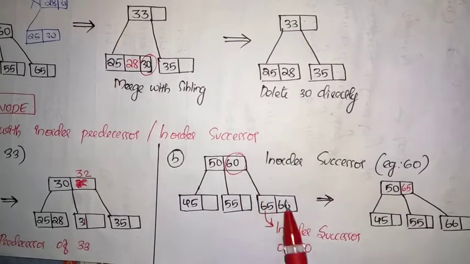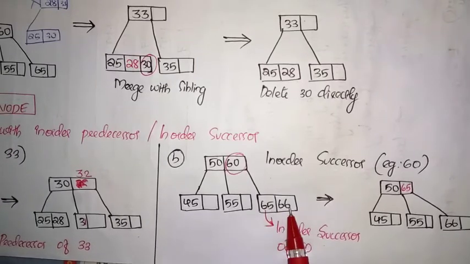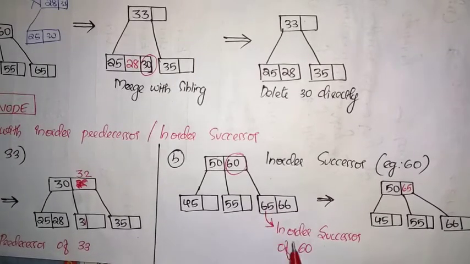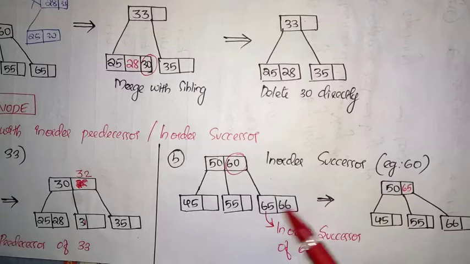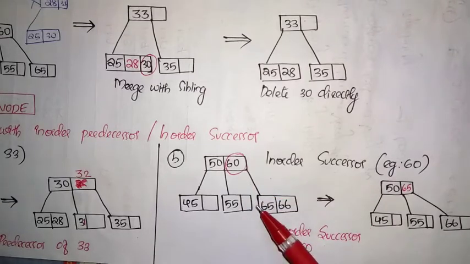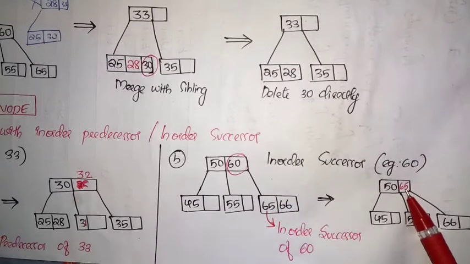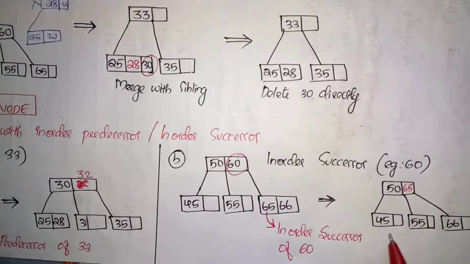So this is the right child of the 60, and the smallest element among 65 and 66 is 65. So this 65 is the in-order successor of 60. Here I deleted this 60 and replaced it with this 65, and the remaining nodes are written as such.